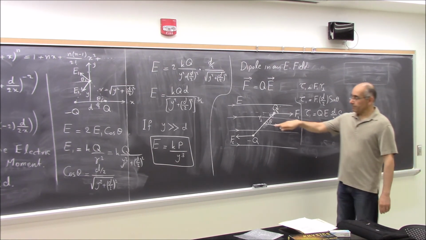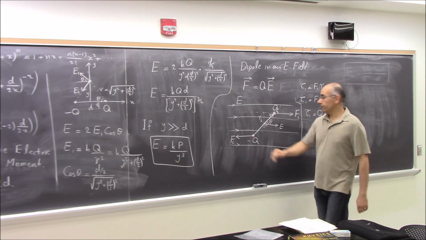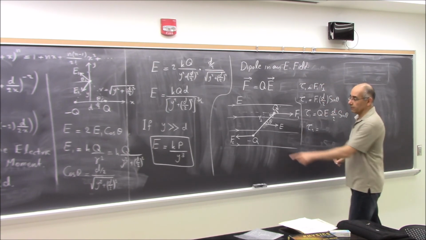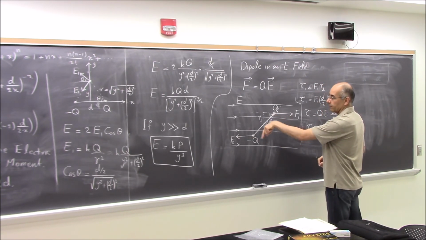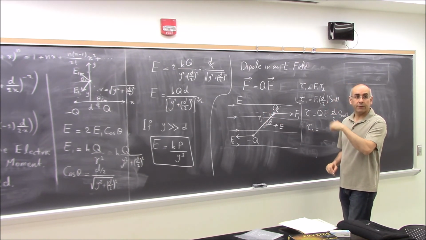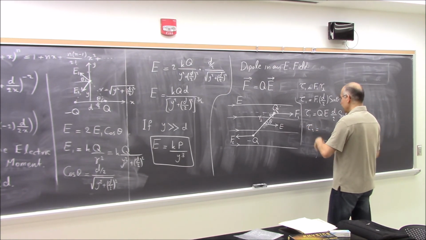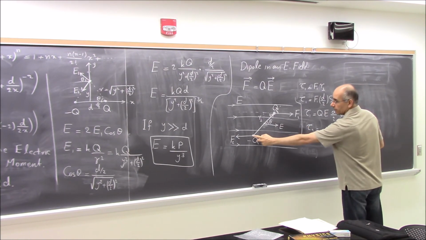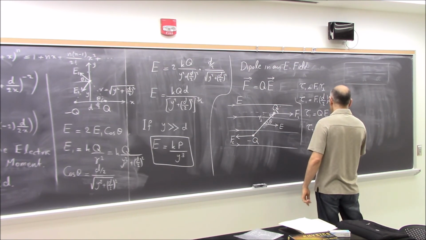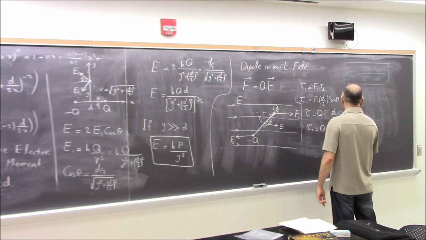And then what about torque of this one, F2? Tau 2 is also the magnitude of the force times that perpendicular distance, which is the same, isn't it? But are the torques in the same direction or opposite direction? Same direction. So the torque of the force F2 is also the same. It will be Q times E, the magnitude of the force, times d over 2 times sine theta.